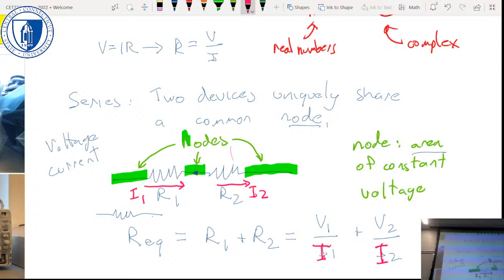Here the sum of the currents flowing into the node, I1 plus I2, equals the sum of the currents flowing out of the node, I3 plus I4. And that second way of saying it is closer to what we were talking about with the series circuit, right? I1 flowing into the node has to equal I2 flowing out of the node.